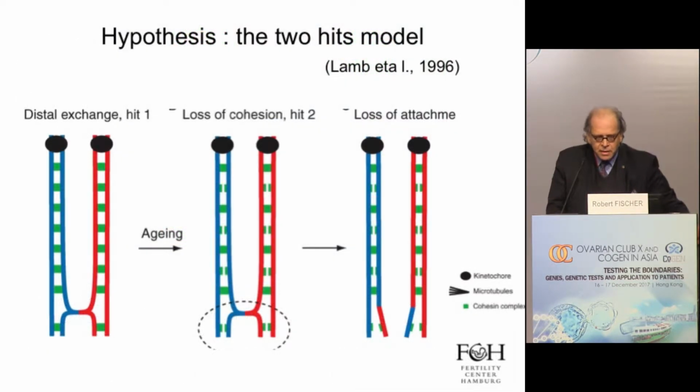Another problem is the loss of cohesion and the loss of attachment between the chromatids and the chromosomes, which is also one of the most important reasons why we have errors in the meiosis.